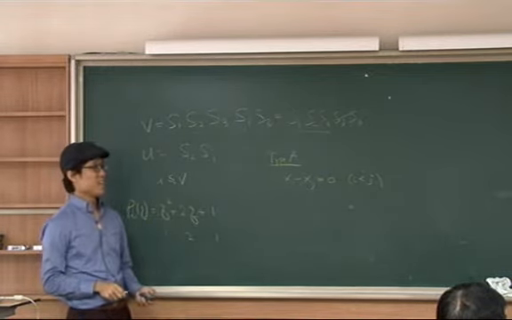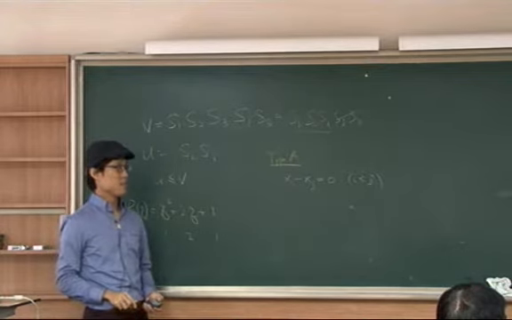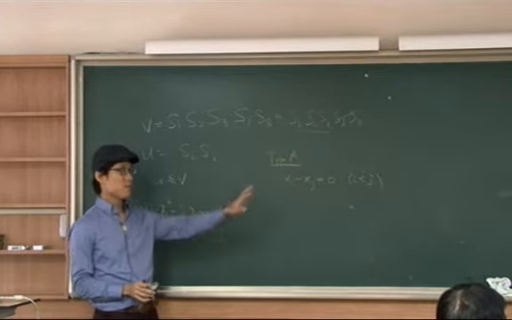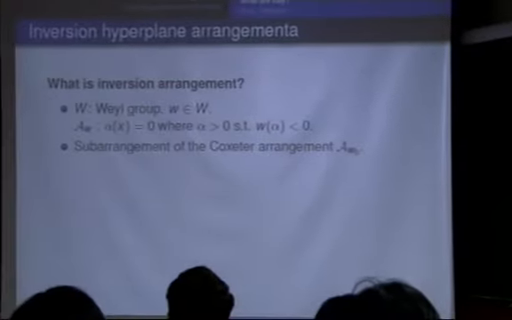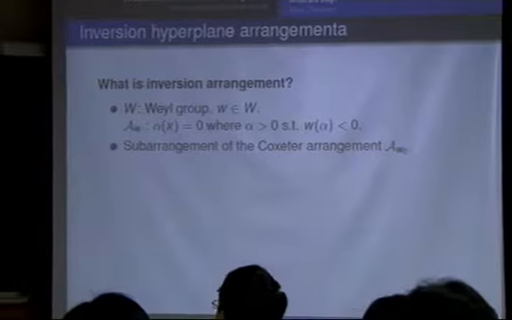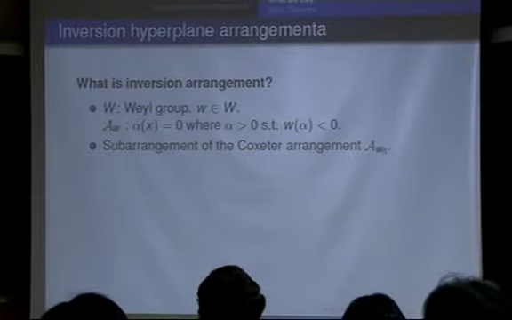This is the inversion arrangement. By definition it is a subarrangement of the root hyperplane arrangement. This is called the coset arrangement, and this is the inversion arrangement of the longest element W0.